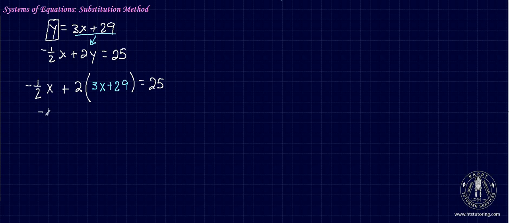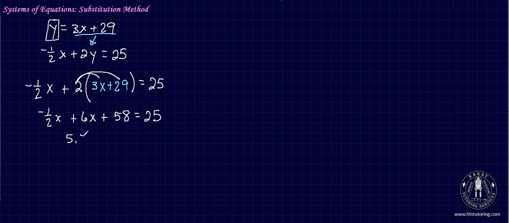And now we're going to solve this. So we have negative 1/2 x, and now we're going to distribute this 2, so we distribute the 2 through the parentheses. So plus 6x plus, now 2 times 29, 58, equals 25. Negative 1/2 x plus 6x, well that's 6 minus 1/2, that's 5.5.